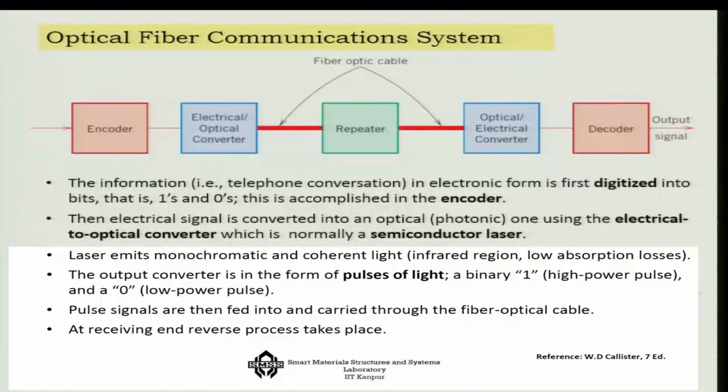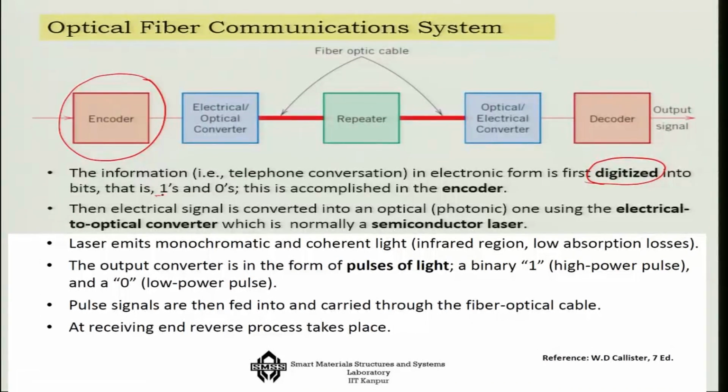So you first need to convert the electronic form into a digitized form. That is the role of the first part, the encoder. The information in electronic form will be digitized into ones and zeros. So any information can thus be digitized in the encoder.